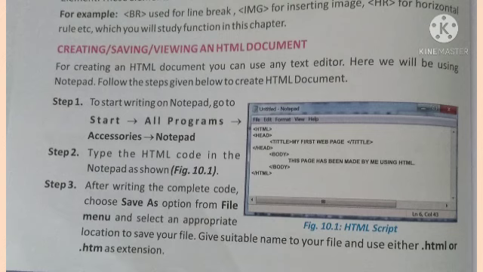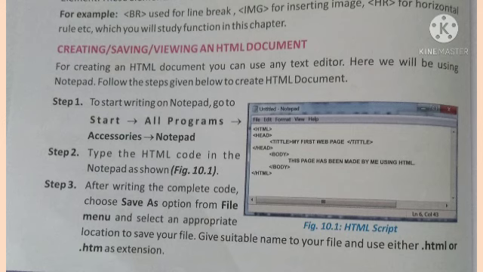After writing the complete code, select the Save As option from the File menu and give a name with the .html extension. Now you have created an HTML document. To view your web page, you can click on the Start button, then go to Windows Explorer and type or select your file name which you have already created. Then select Open and click on it. The web page will display.